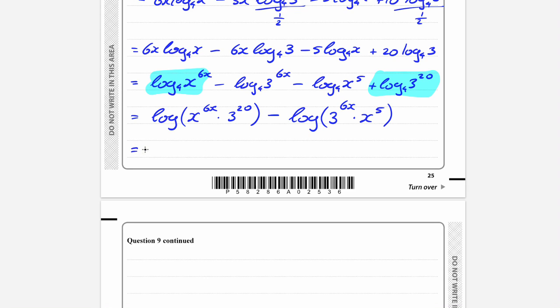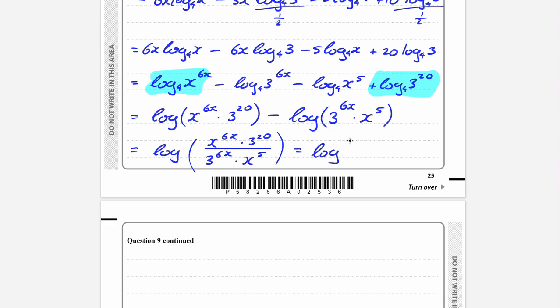Okay, this then becomes, log a minus log b is log a over b, so it's log of x to the 6x times 3 to the 20 over 3 to the 6x times x to the 5. Okay, I'm very nearly there. If I just look at my x's, that's 6x minus 5 because I'm dividing.